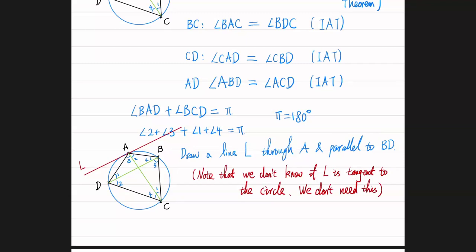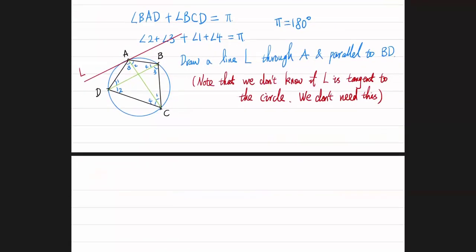Sometimes you may use some information that is not there. Some of you may say, okay, it's tangent, but we don't have it. This line is parallel.